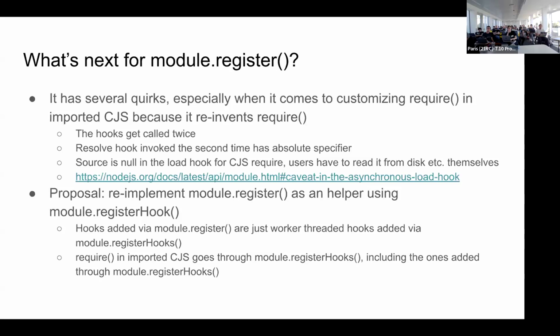So then users have to deal with the null, and they have to read it from disk. And if the subsequent hook does not want you to read it from disk, and does something else, then you're doing something that the next hook doesn't want. So there are certain quirks, especially when it comes to tying the implementation that's very specific to the ESM loader to make it work for require. It kind of works, but there are many quirks.